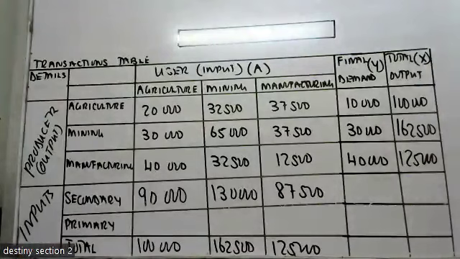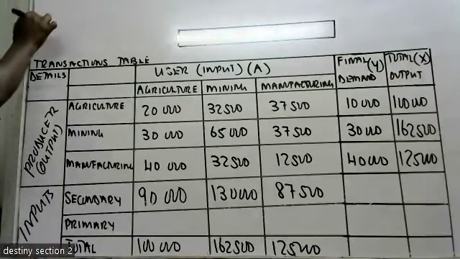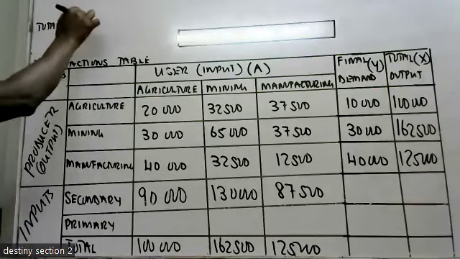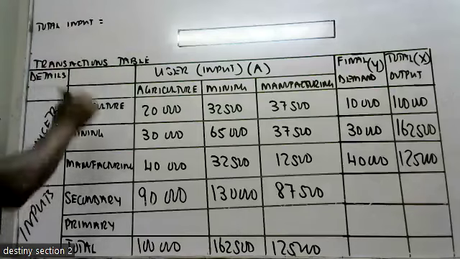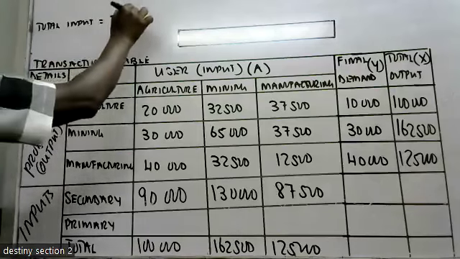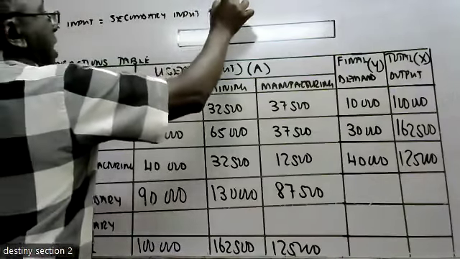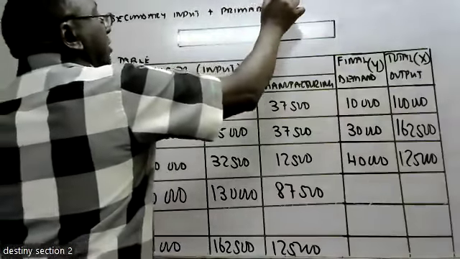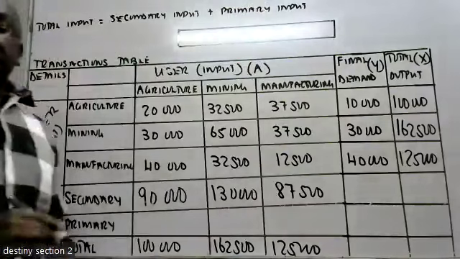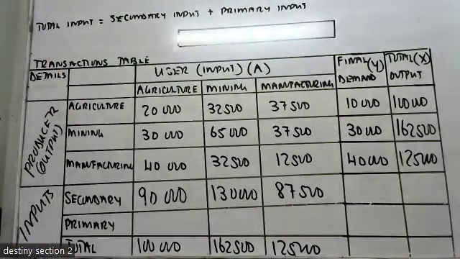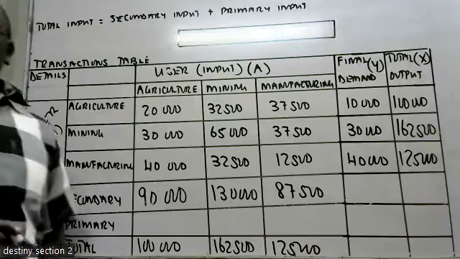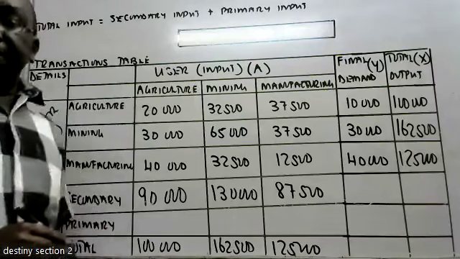Yes. Okay, good. Now, if that is true, down there, still we are doing some workings. Utaandika total input is equal to secondary input plus primary input. The secondary input, when you add to the primary, primary is the one that comes out of the production sectors.